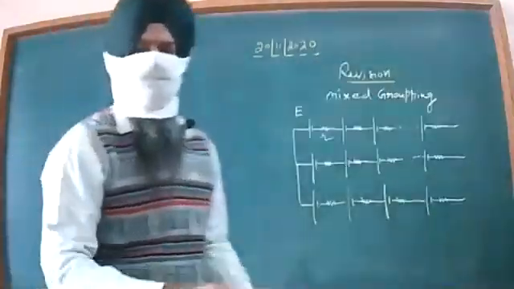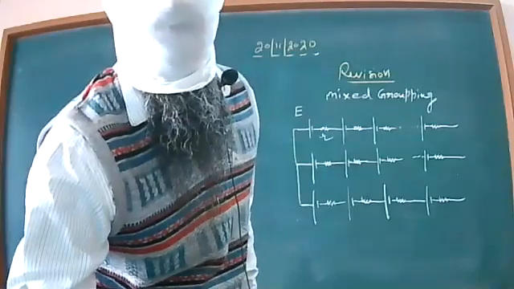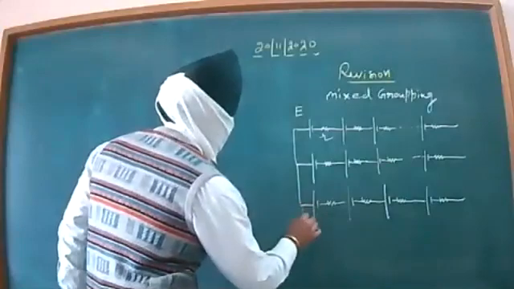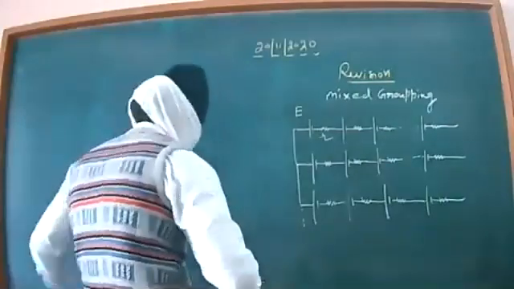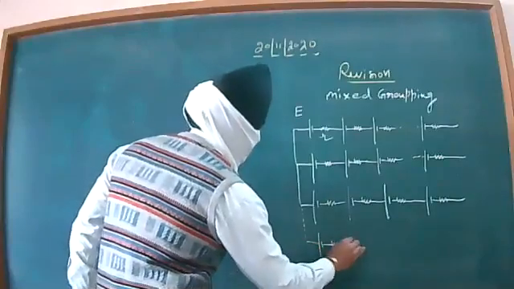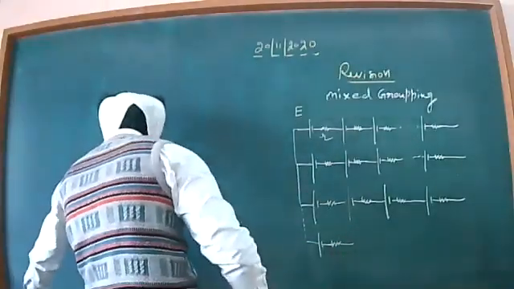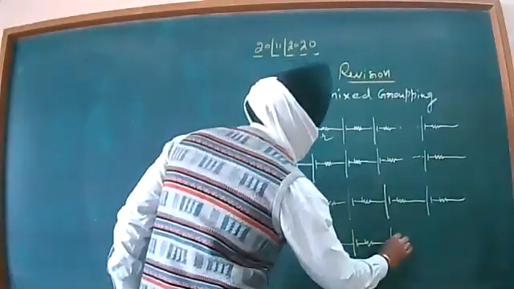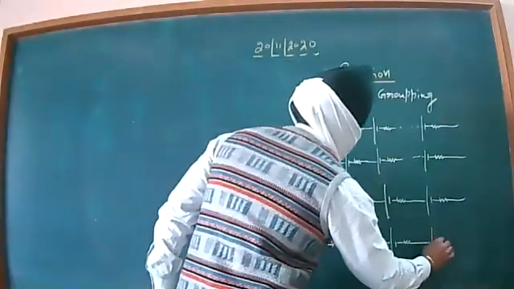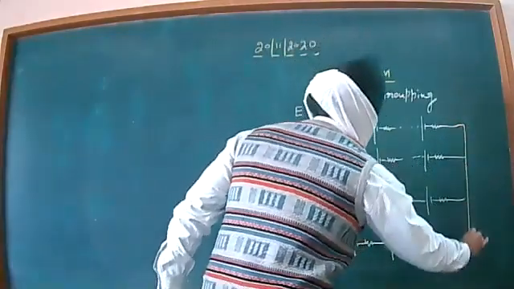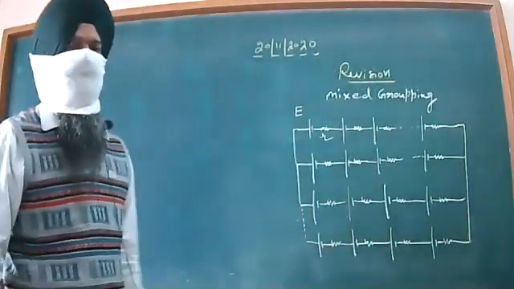In this manner, m rows can be planned all together. This is the mth row, the last row, in which we are combining the cells. Now this is the mixed grouping of your cells.